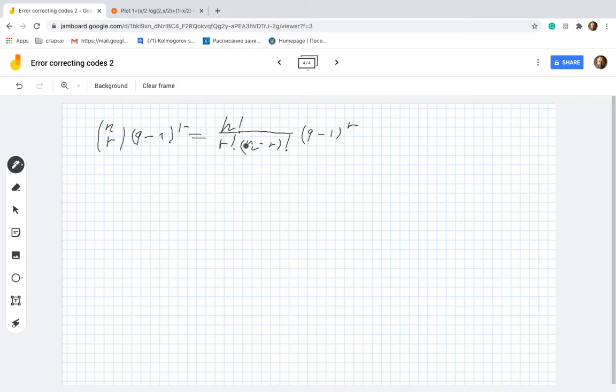So in the last class, we have seen that up to polynomial factors, the binomial coefficient equals (n over r) to the r times (n over (n minus r)) to the (n minus r). So we obtain the following.